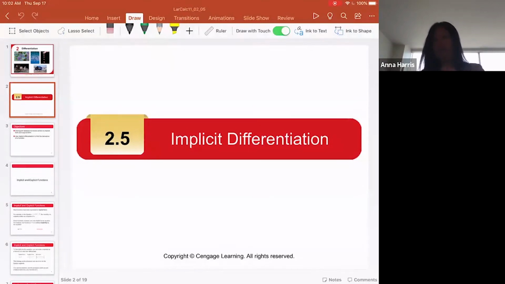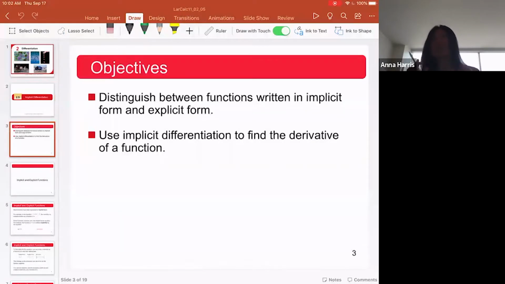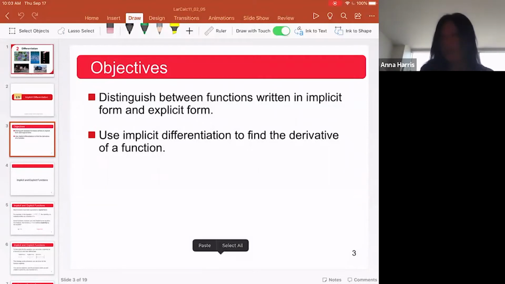Implicit differentiation. That's what we're going to do. 2.5, implicit differentiation. Let me explain the difference between what we have learned and what implicit differentiation is. Today's objective: distinguish between a function written in implicit and explicit form.